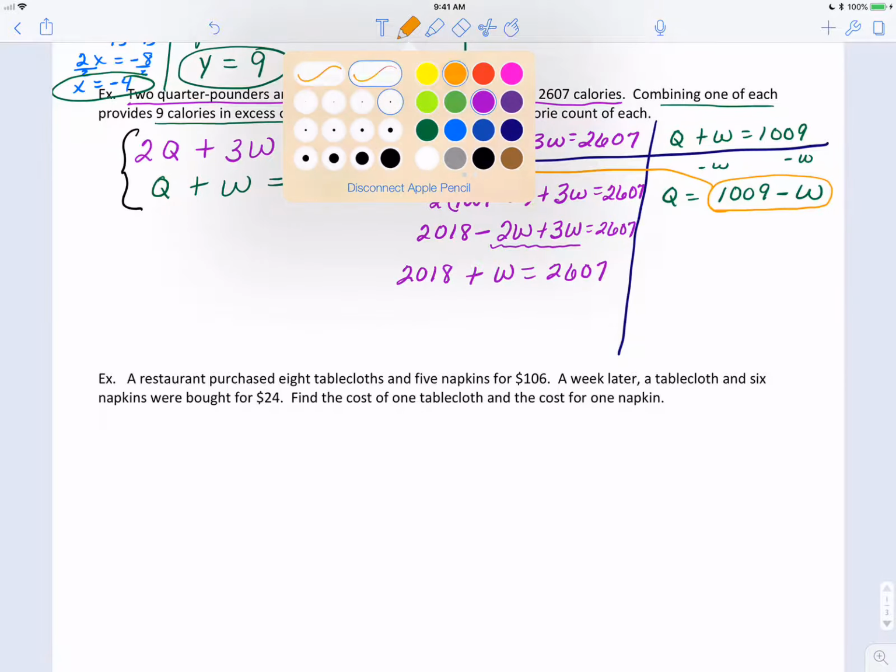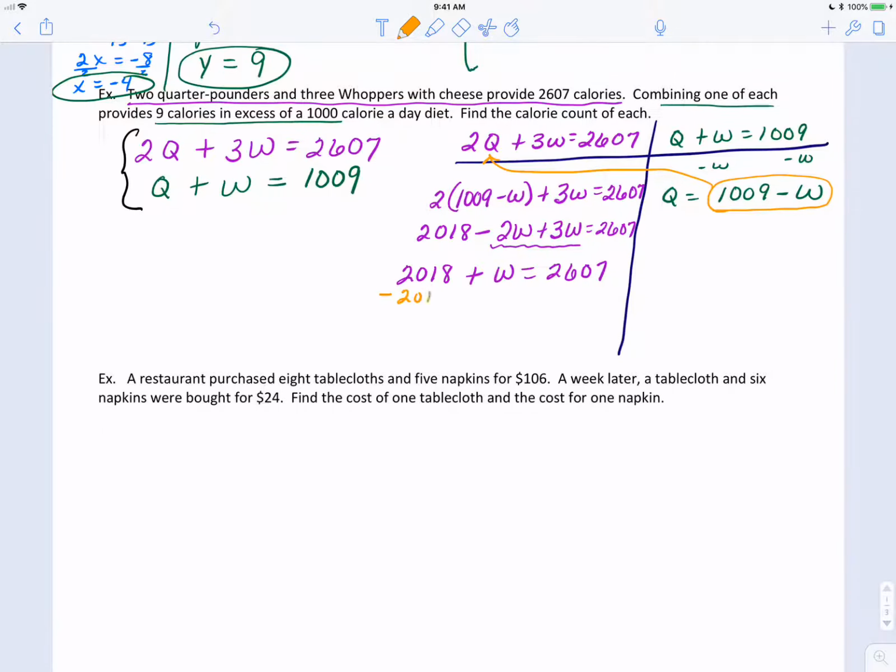So here, all we have to do is subtract our 2,018 from both sides. And that gives us W is equal to 589. So one Whopper has 589 calories. All right, well now we're ready to go see how much a Quarter Pounder has.